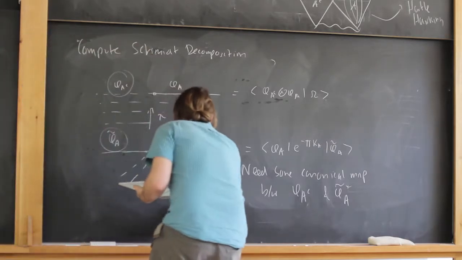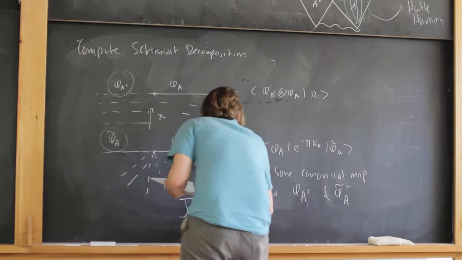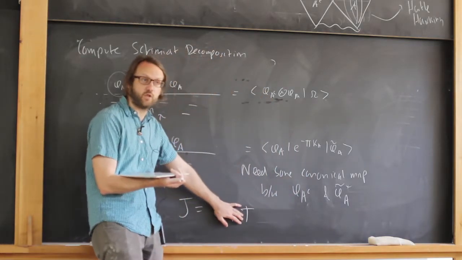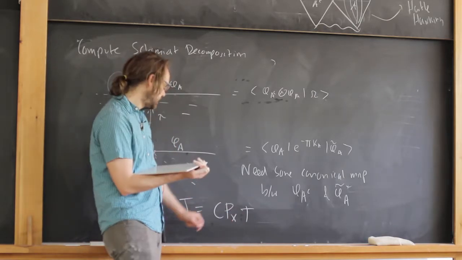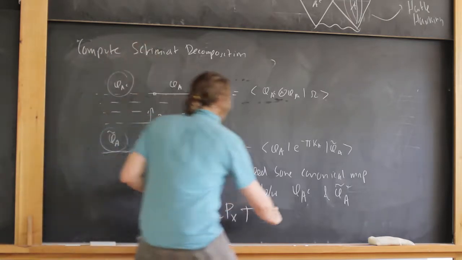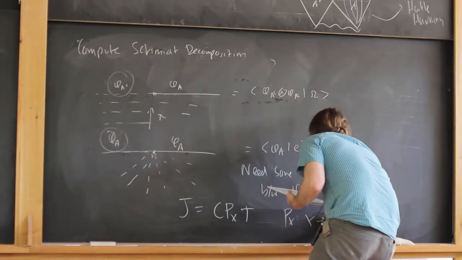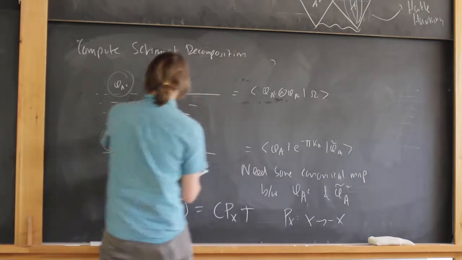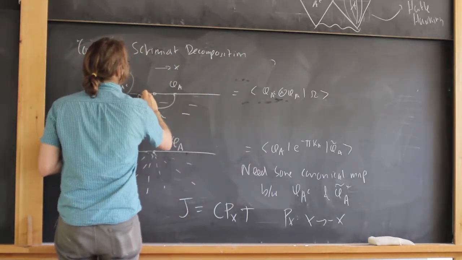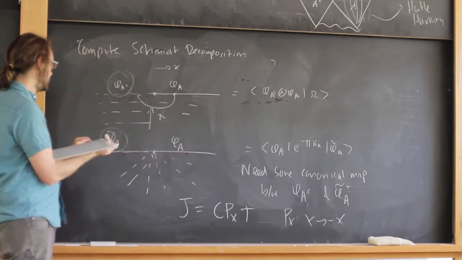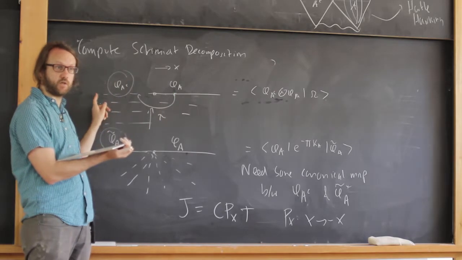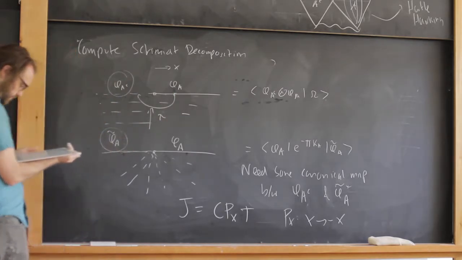So we define this J to be CPT. So this is just charge conjugation, time reversal, and then parity. And the parity that we have to pick is just the one which sends x to minus x. So if you do that, x to minus x takes you from here over to here. And so it gives a way of identifying field configurations over here with field configurations over here.